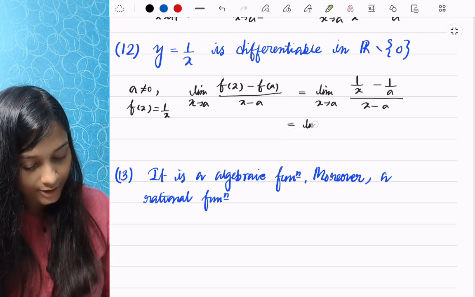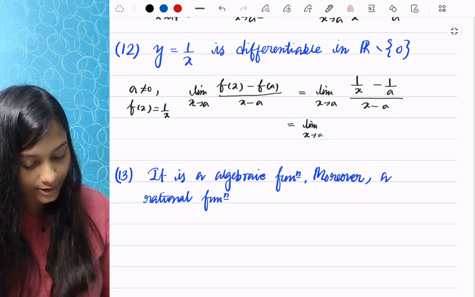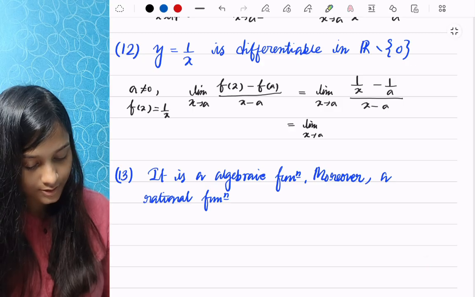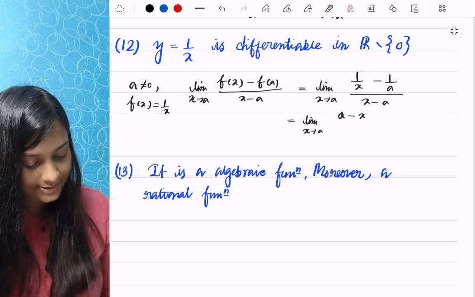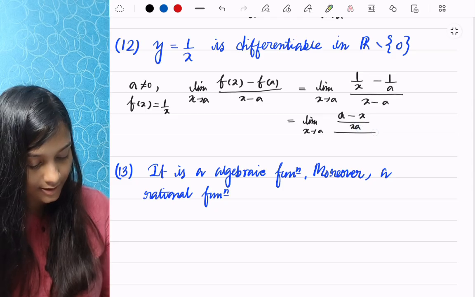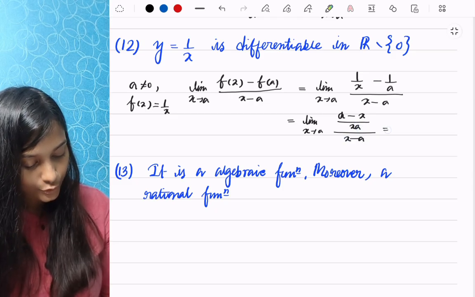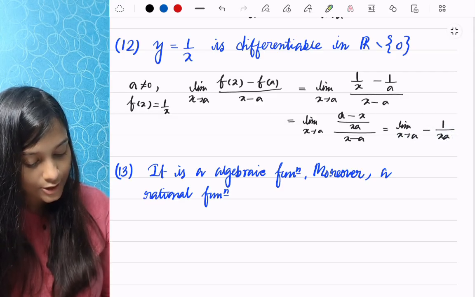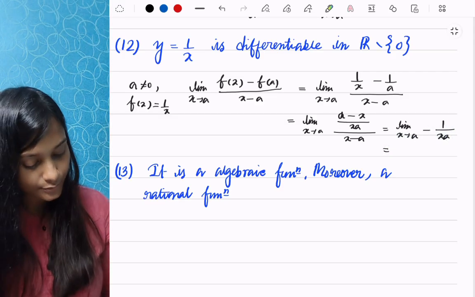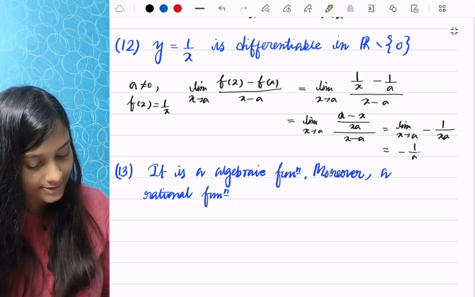So limit x tends to a of (a minus x) by (xa(x minus a)). So we have limit x tends to a of minus 1 by xa. So by putting x equals a, we get minus 1 by a square.